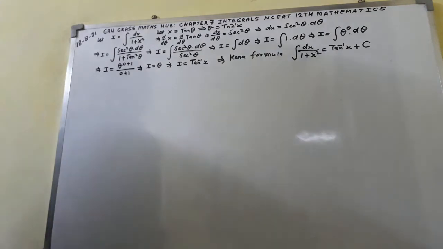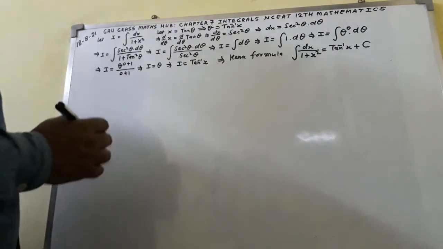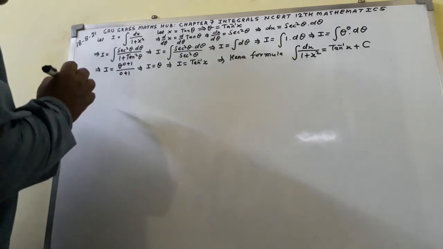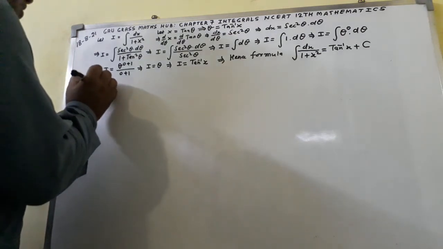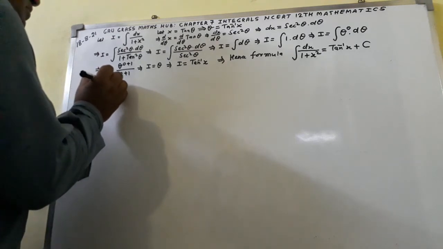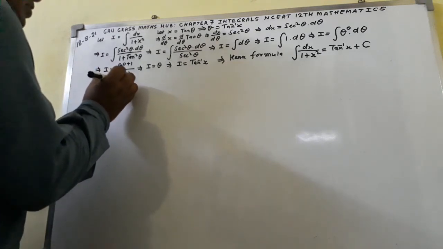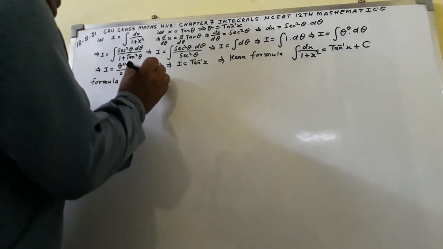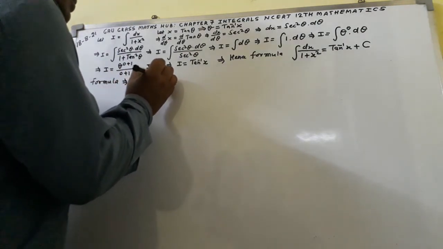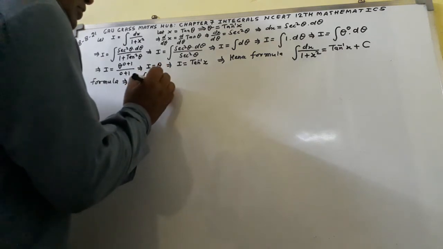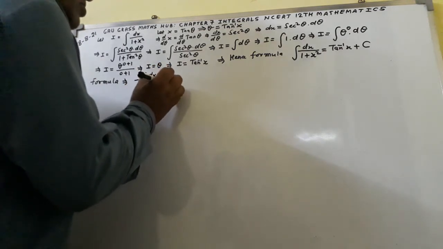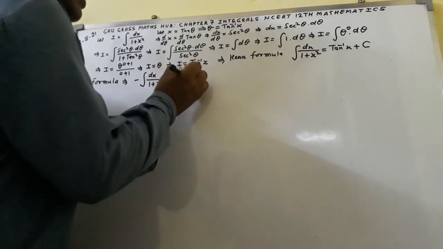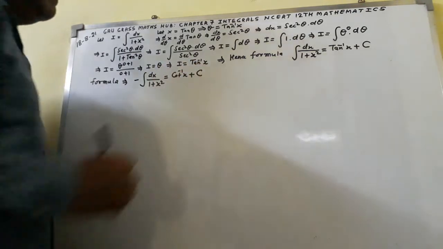Now the next formula I shall write. Next formula: minus integral dx over 1 plus x square, we shall get cot inverse x plus c.